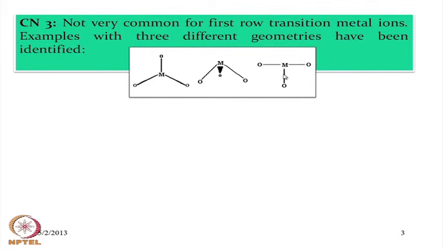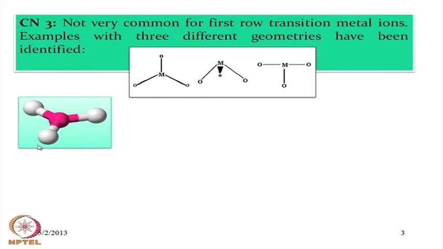The third variety is the T-shaped structure. These three different configurations are pretty common. The first one is the planar one, where this particular center can be occupied by the metal, attaching to three ligands.